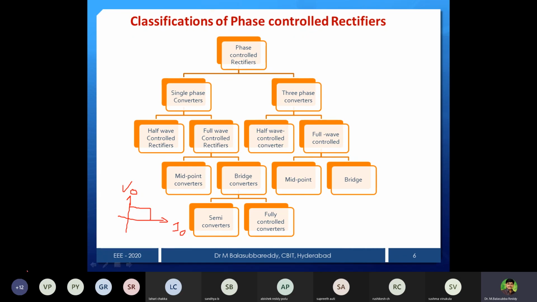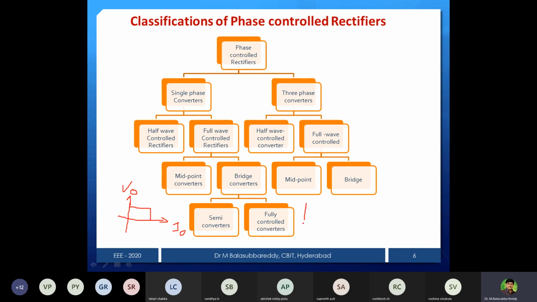That will forward bias the freewheeling diode, the load terminals are short circuited, and the voltage across the load will be zero, therefore it won't get any negative voltage. So that is the case of the semi converter.